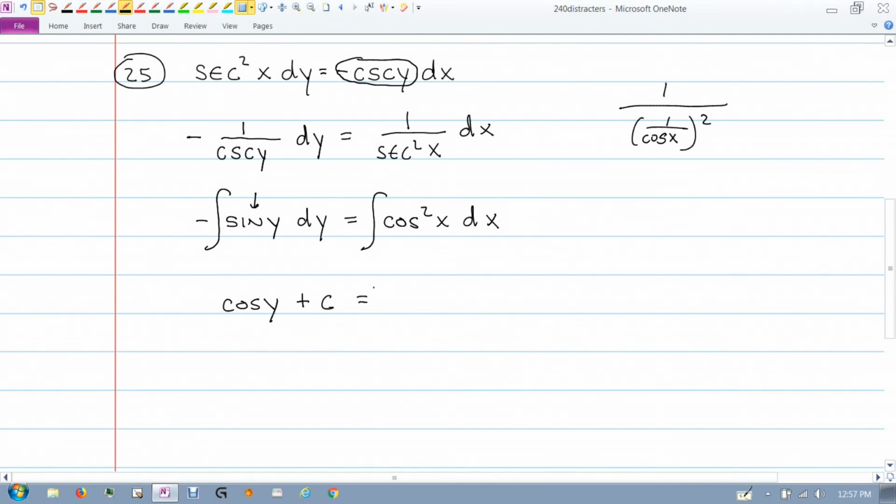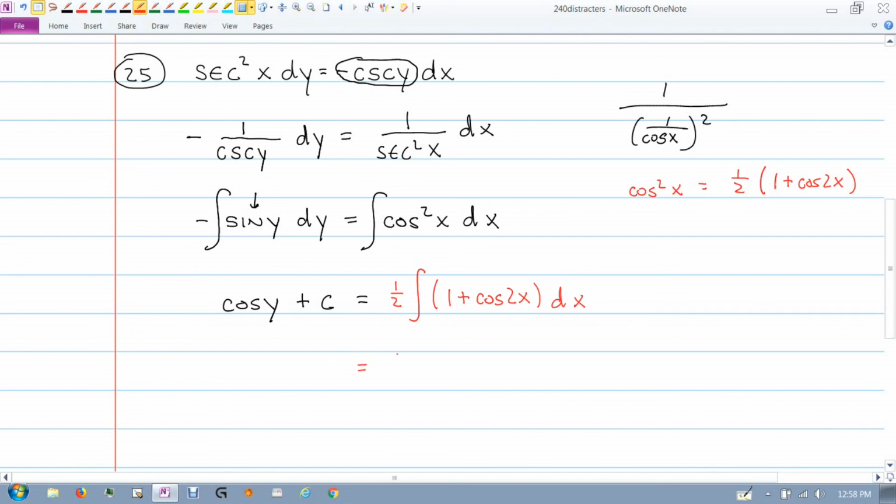And then cosine squared x we have to integrate. And you have a couple of options on that. But the option we probably use in like a Cal 2 class is to rewrite that as 1/2 times 1 plus cosine 2x. So we're using the power reducing formula, or sometimes it's referred to in the books as half angle identity. So this is really going to become integral, the 1/2 comes out, and we're integrating 1 plus cosine 2x dx.